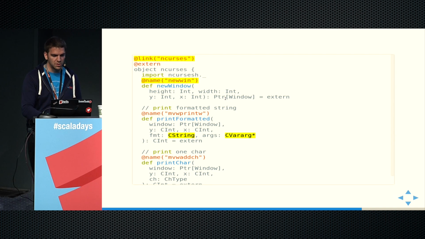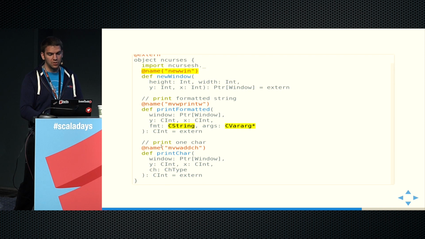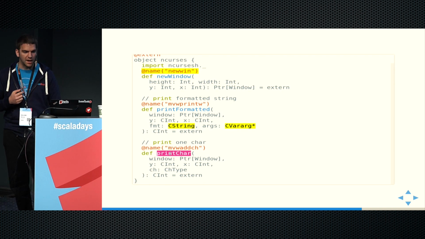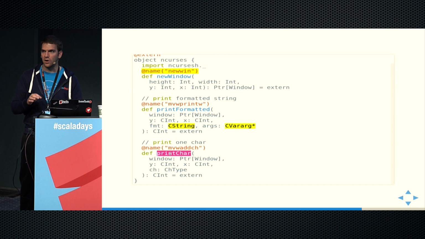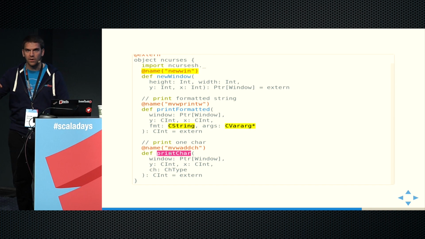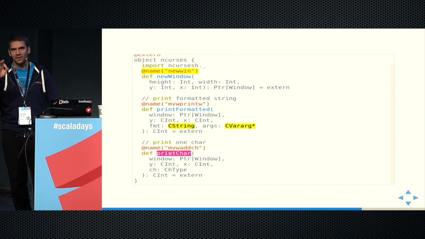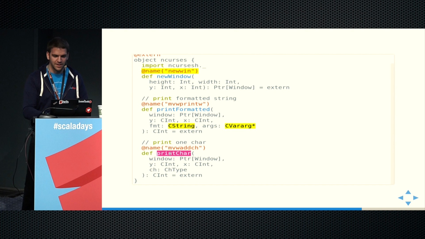You specify the window and the position where you want to print that output, and you put a formatted string with its arguments, just like the printf function, and it will draw those characters. And lastly, you can also print only a single character. This is useful for us when we want to print a graph. We can draw little stars for the columns in the graph.